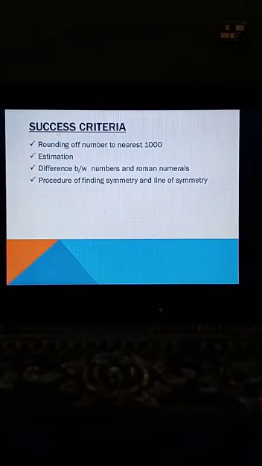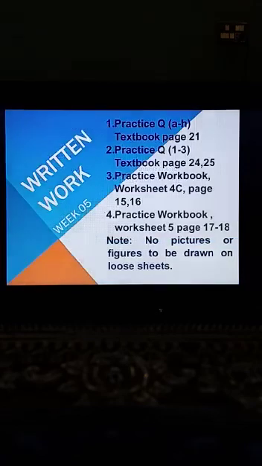I hope, boys, after this long discussion, you will be able to round off numbers to the nearest thousand, and you also understand the method of estimation. Now you can also differentiate between numbers and Roman numerals, and between symmetrical and non-symmetrical shapes, and you can also draw the line of symmetry in each shape.